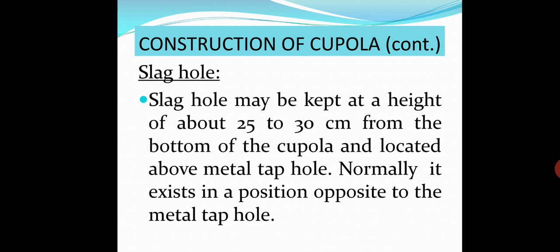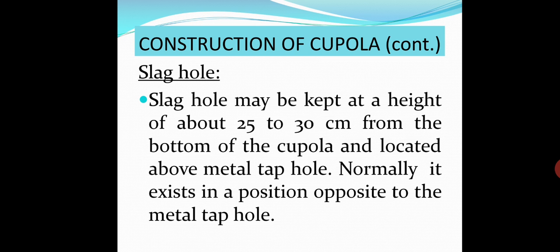But the slag, as it is lighter in weight, normally comes at a higher level, on the top of the molten metal.